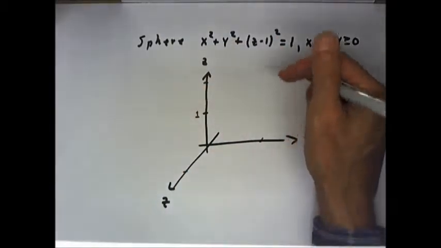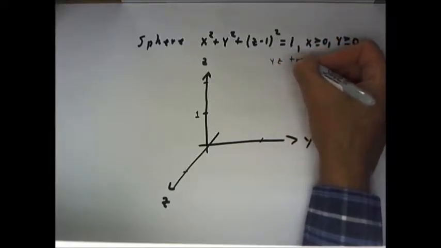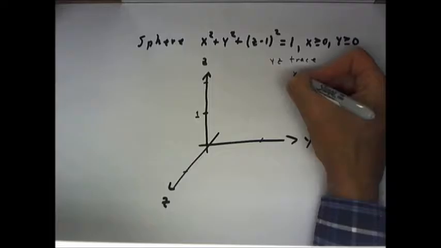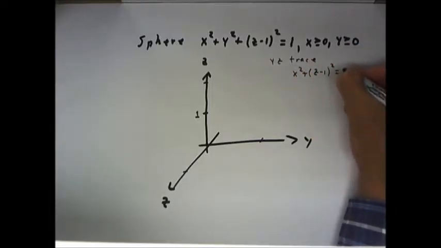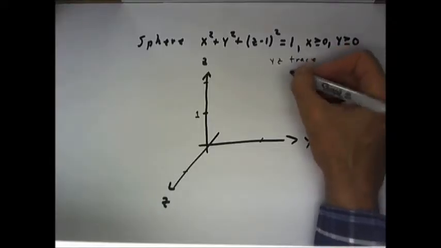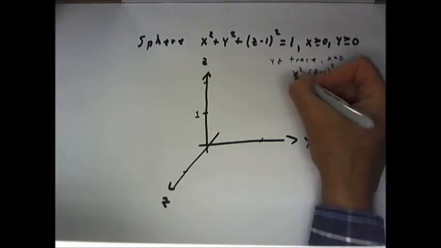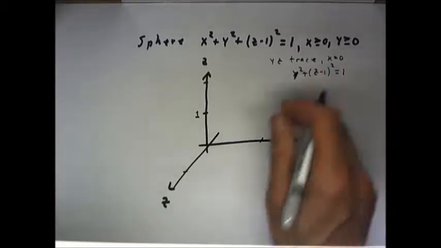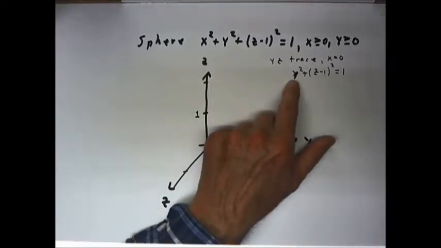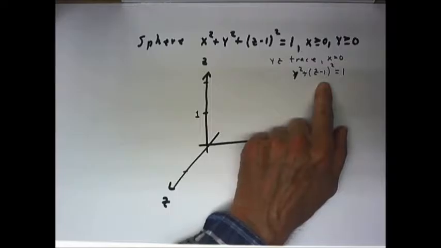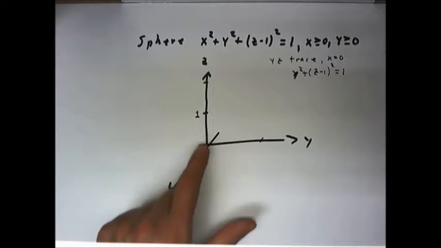The trace in the YZ plane, with x equals 0, should be y squared plus the quantity z minus 1 squared equals 1. I wrote it wrong, I'll fix that in a minute, but let's try to live with it for now. And that's the equation of a circle of radius 1 centered at 0 on the y, 1 on the z.